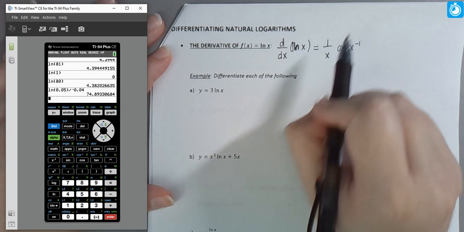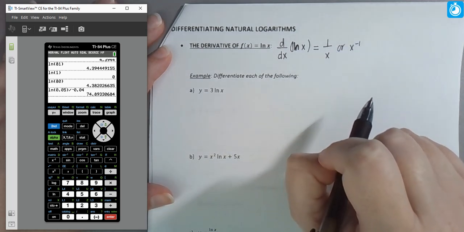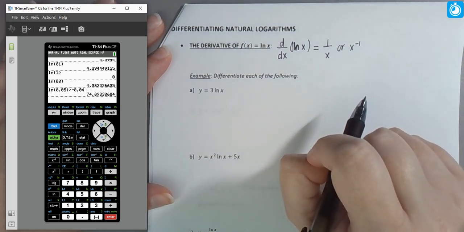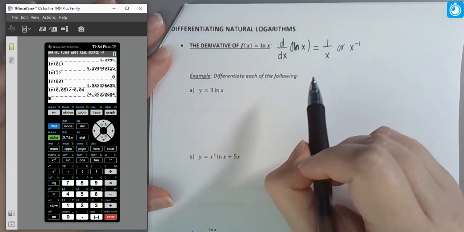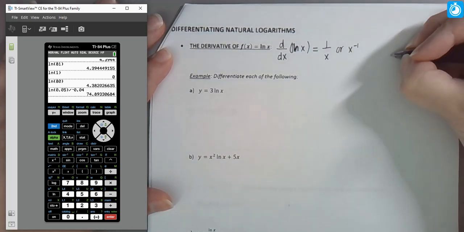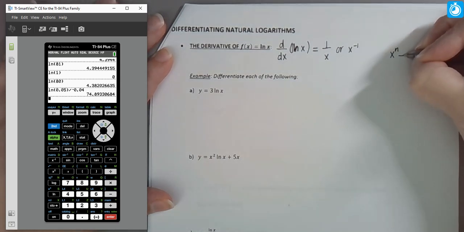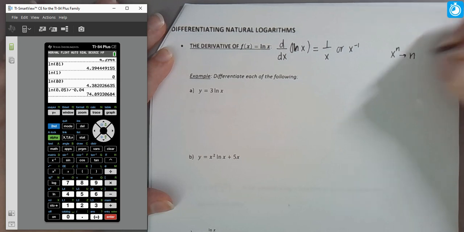So you may look at this and think, okay, well this looks like something that maybe I got from the power rule, right? Well, remember how the power rule works. The power rule says that if we have something like x to the n power and we take the derivative, we bring down the exponent and then we decrease the exponent by 1.